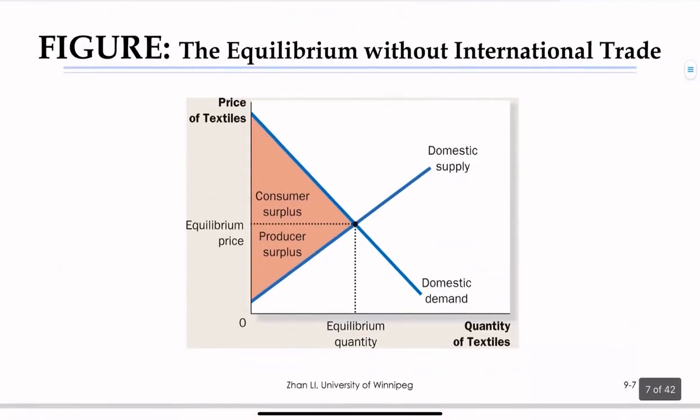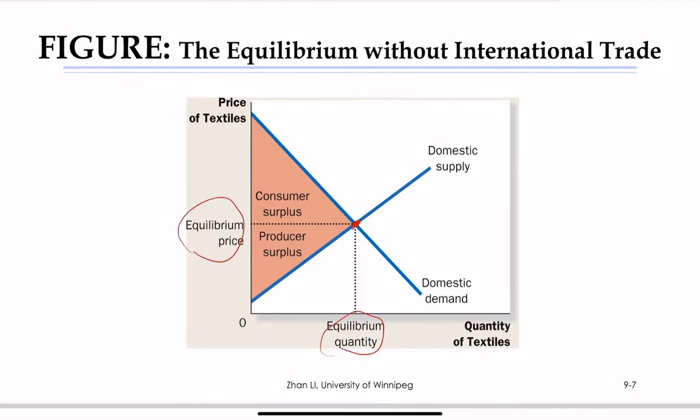Now, first, let's think about the case when there was no international trade. And to be more specific, we want to think about the market equilibrium and total surplus. And after all those chapters, you could see that this is a very simple case. Because if you are given the demand curve and supply curve, then you should be able to find the market equilibrium, that is the equilibrium quantity and the equilibrium price.